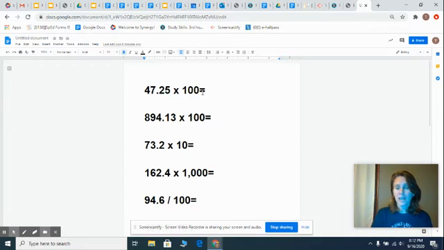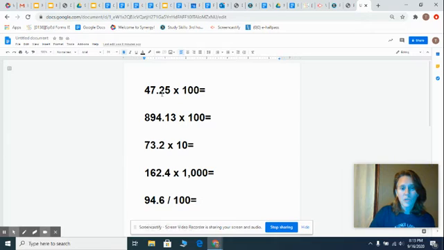If you are multiplying by a number that is a multiple of 10, that means 10, 100, 1,000, 10,000, 100,000, what you'll do is look at the number of zeros in that number. For instance, in our first problem, 47.25 times 100. 100 has 2 zeros.